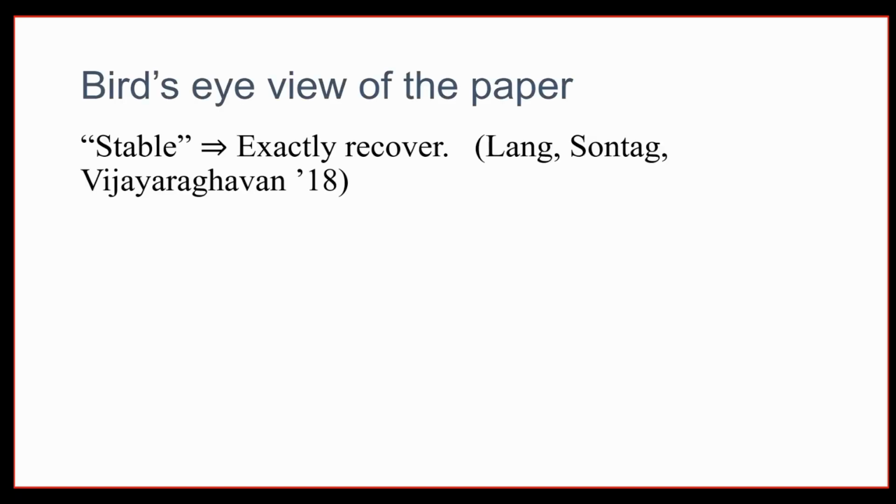A bird's eye view of the paper. In prior work, what my co-authors showed was that if you assume that the underlying theta satisfies a particular condition called stability, then you can exactly recover the optimal solution.